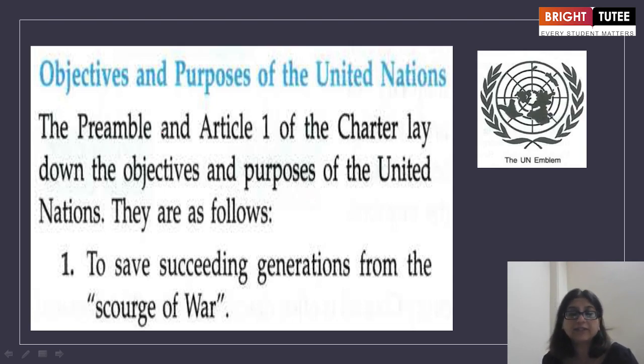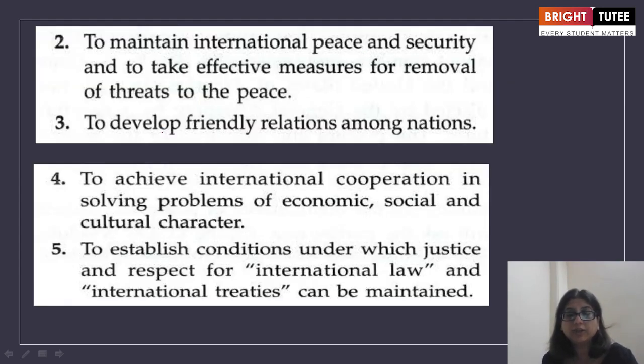They are to save succeeding generations from the scourge of war, to maintain international peace, and to develop friendly relations among nations, to achieve international cooperation in solving problems of economic, social, and cultural character. International peace and security means countries should not have any kind of weapons or war, and they must take measures to remove all those threats as well.